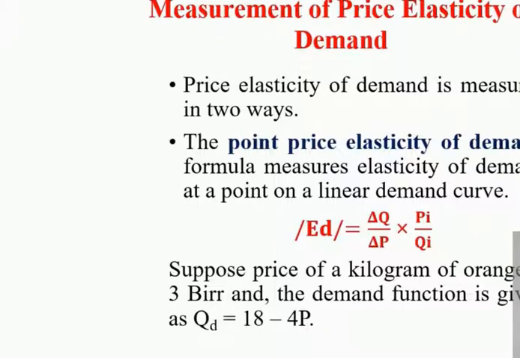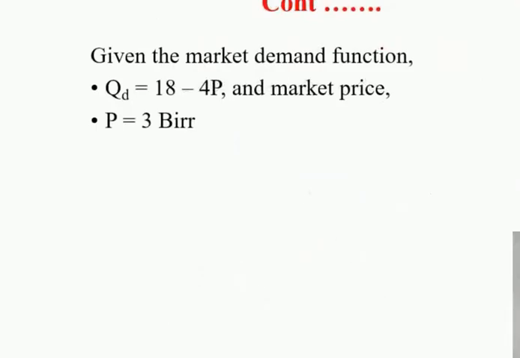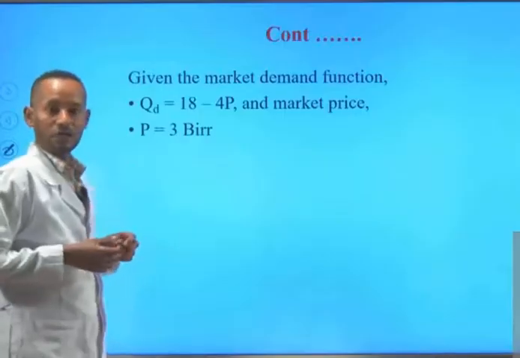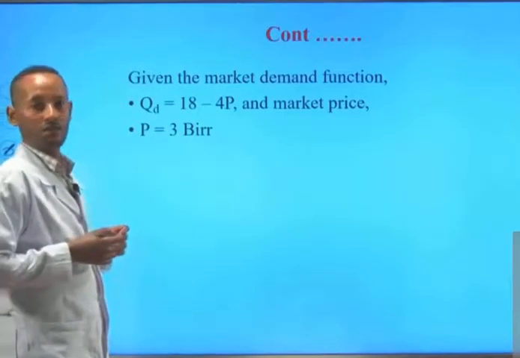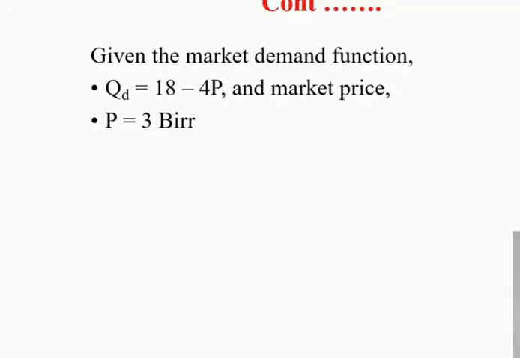Suppose the price of a kilogram of orange is given, which is 3 rubles, and the demand function is given as quantity demanded equals 80 minus 4P. From this given information, we can calculate the price elasticity of demand. The first step is, in order to get the initial quantity, let's substitute the given price into the demand function.